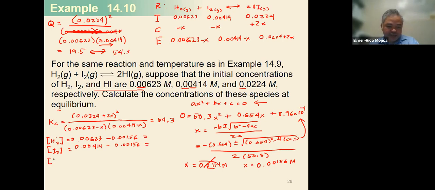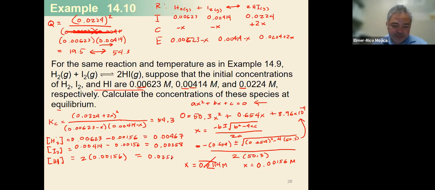And then your HI is equal to 2 times 0.00156. And you will get the corresponding concentrations. So here you might have 0.00467, here 0.00258, and here 0.0255.